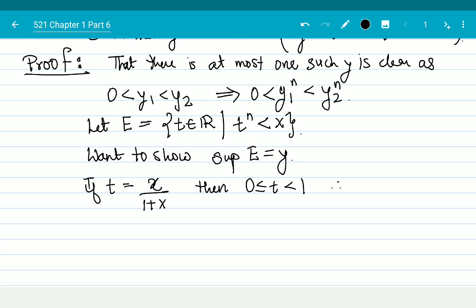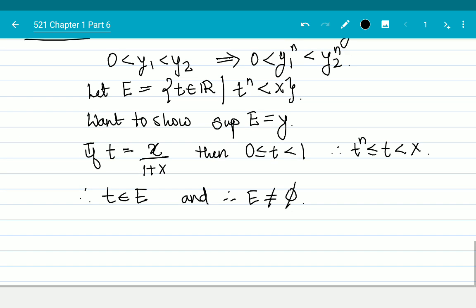Therefore t to the n is smaller than or equal to t, and because I'm dividing by 1 plus x and x is positive, this is also strictly smaller than x, right? Therefore t belongs to E, and therefore E is not equal to the empty set. Okay, so we have shown that it is non-empty.